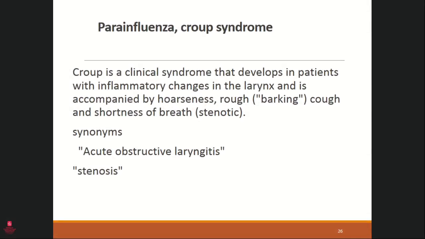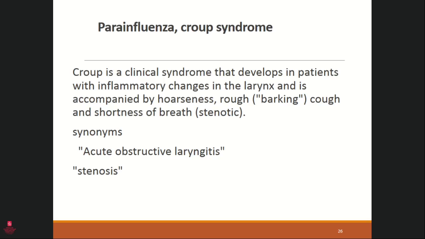The main symptoms of parainfluenza: lack of severe intoxication, dry catarrh. A typical complication is false croup.